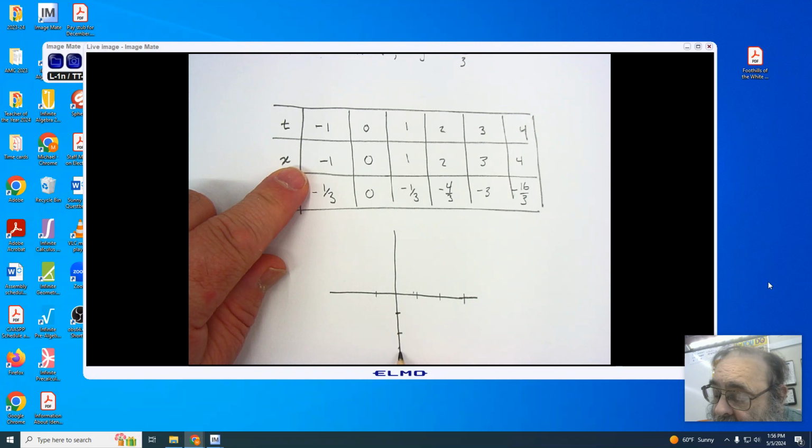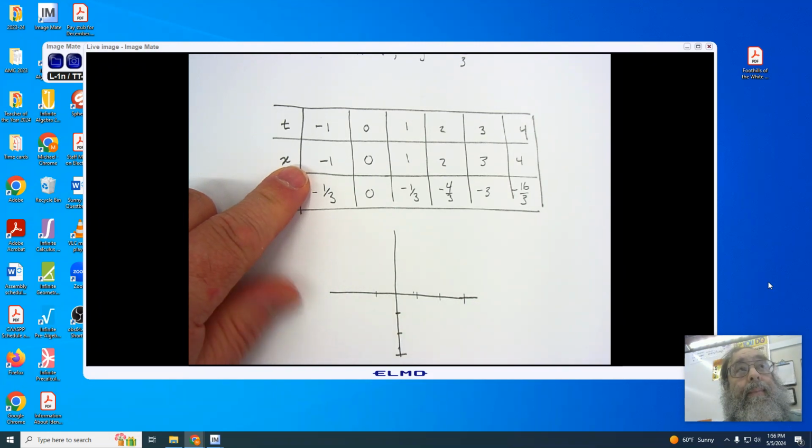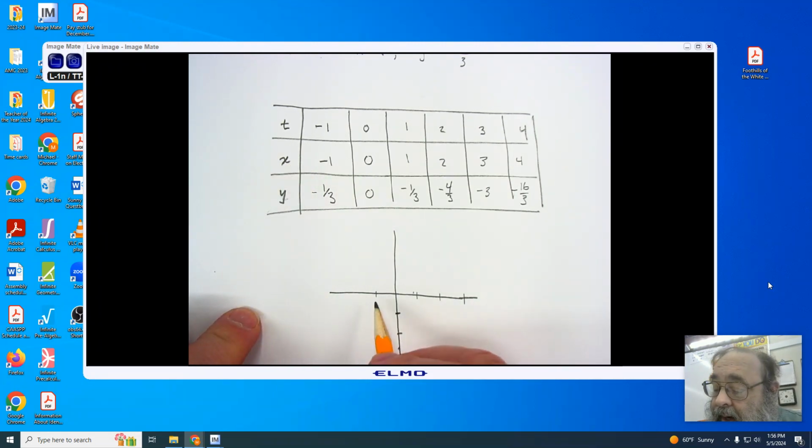But it should be enough for you to understand. So I've got negative 1, negative 1/3, to 0, 0, back to positive 1, negative 1/3. Then I have 2, negative 4/3, 3, negative 3.